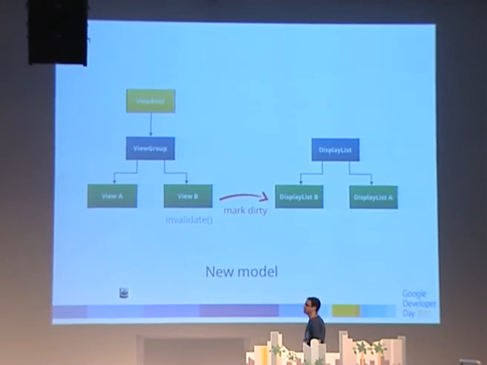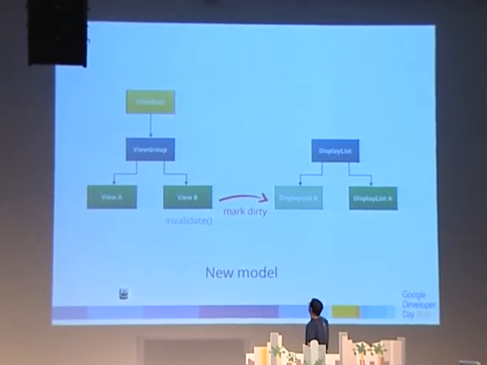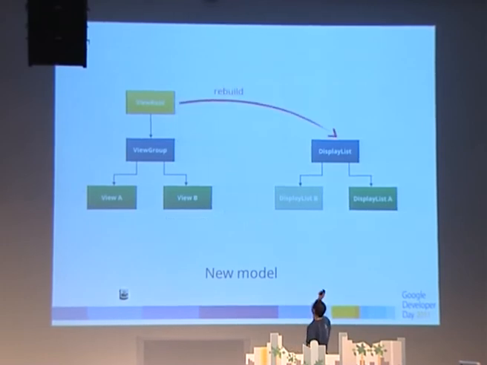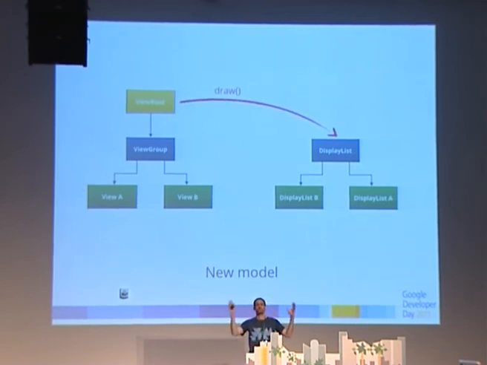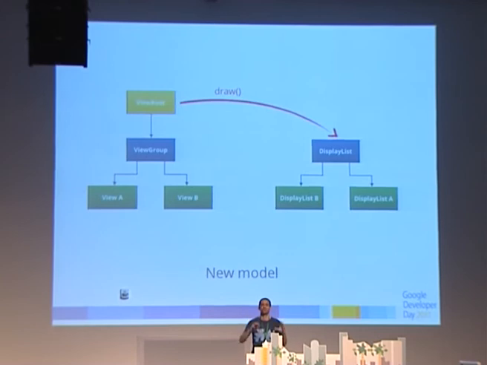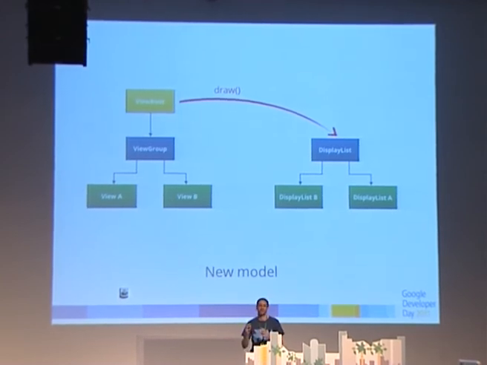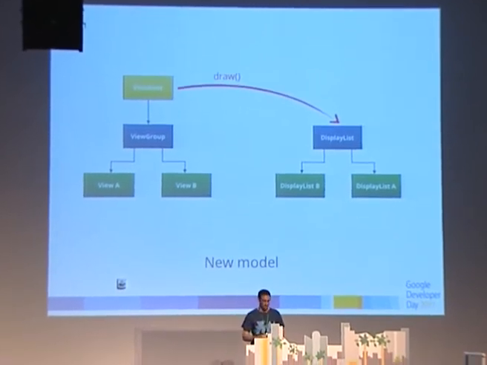So if you invalidate view B, it could be a button, we say display list B is now dirty. We invalidate the view group, and that just says rebuild the display list. And most of it doesn't need to change at all. So we just rebuild the display list for part B and draw the group again. All the other parts of the view, how to draw those is already totally cached. How to lay them out, everything is already cached.